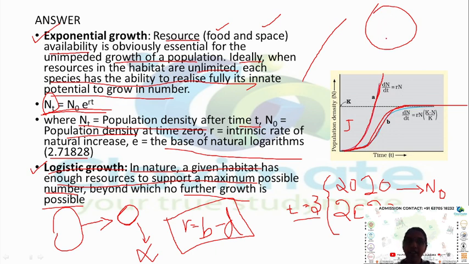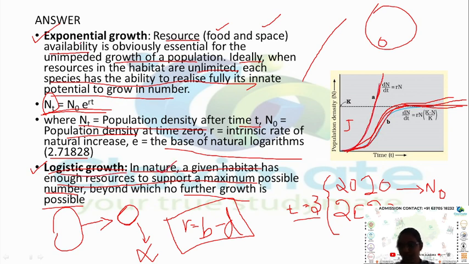More than 10 people it can't accommodate. So the population starts at 1, grows, and when it reaches 10, it becomes stationary. This is logistic growth, and you have to write the definition.